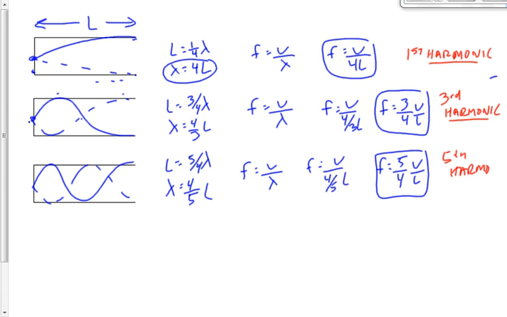I should also write in as a reminder that this is 3 times the value of F1, and this one is 5 times the value of F1. So here's the deal. When you got a guitar that's attached at both ends, you can have any harmonic, first, second, third, fourth, 37th harmonic.